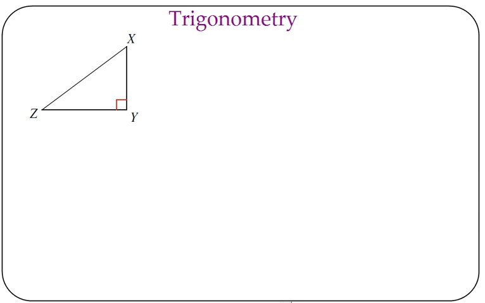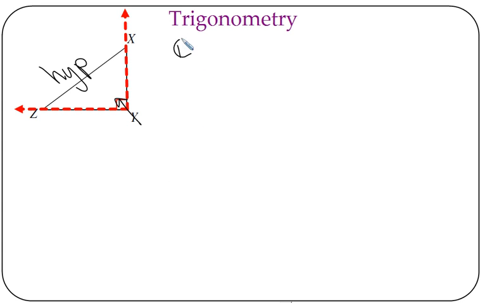Okay, so here's our triangle. First thing we're going to do is find the hypotenuse. Well, for that we need to label our triangle. The 90-degree angle is here. There's my 90-degree angle. So then this must be my hypotenuse because it's opposite of this one.